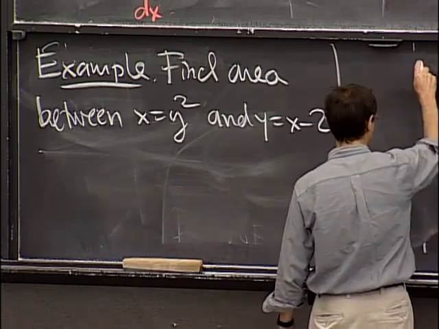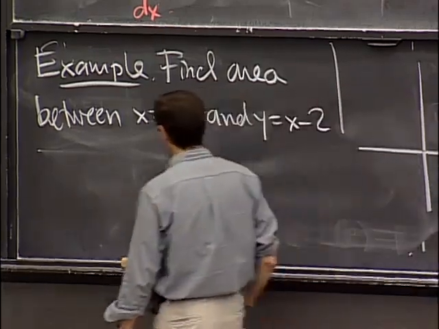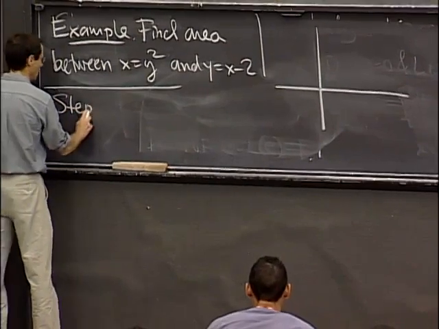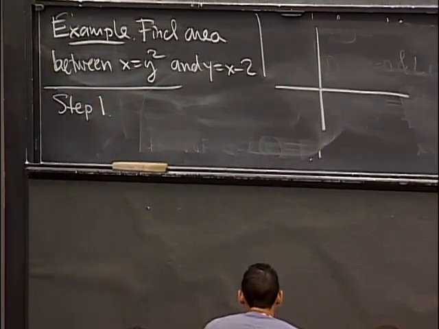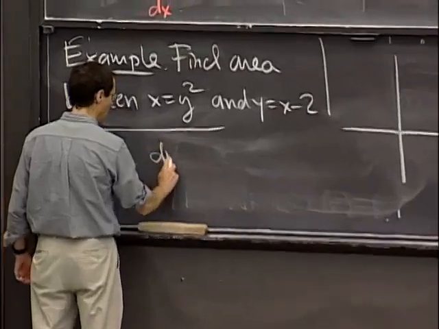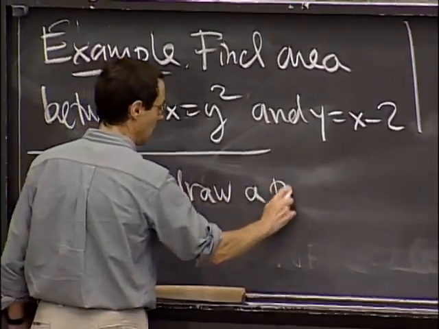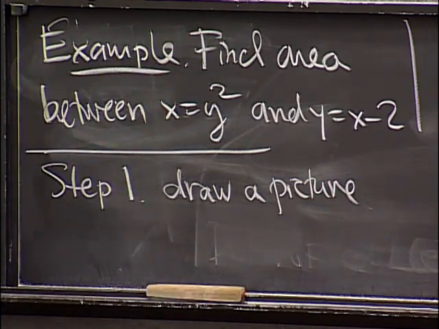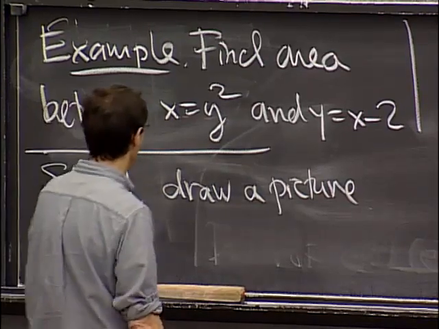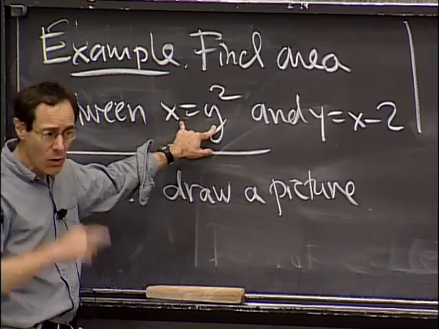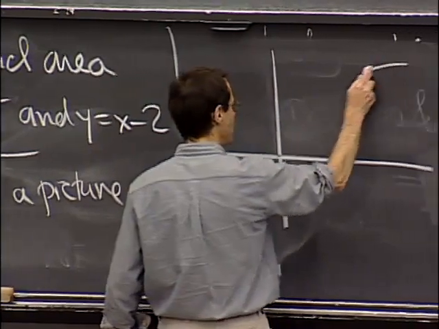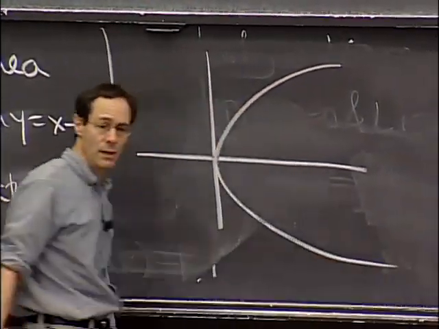Now, there's a first step in figuring these things out, and this is that you must draw a picture. If you don't draw a picture, you'll never figure out what this area is, because you'll never figure out what's what between these curves. The first curve, x equals y squared, is a parabola, but it's x as a function of y. It's pointing this way. So it's this parabola here.